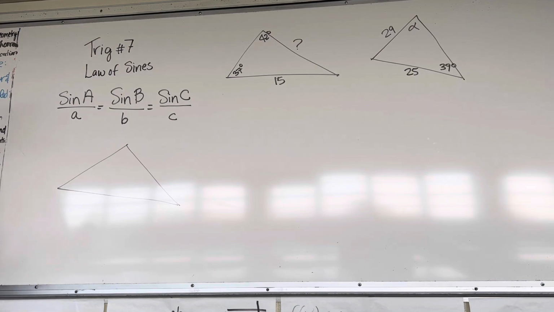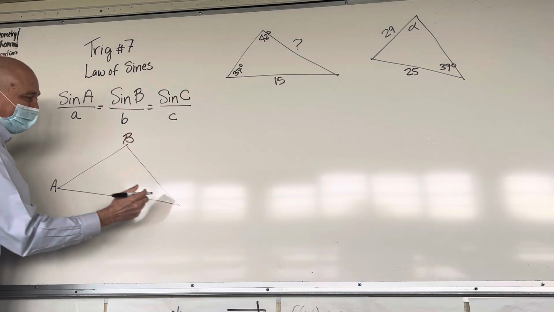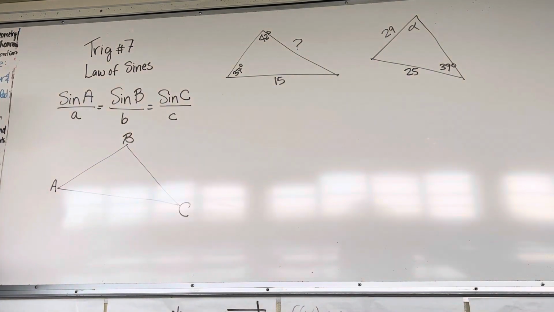The angles get labeled with the capitals. So this angle is labeled capital A, capital B, and capital C. Then the sides opposite those letters receive the lowercase.